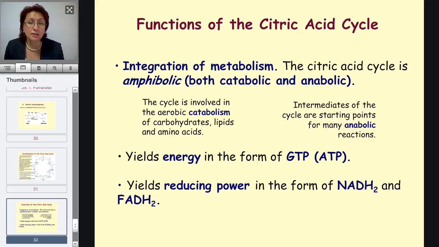The citric acid cycle is amphibolic, involved in both catabolism and anabolism. The cycle is involved in the aerobic catabolism of carbohydrates, lipids, and amino acids. Intermediates in the cycle are starting points for many anabolic reactions. Second, it yields energy in the form of ATP and reducing power in the form of NADH and FADH2.